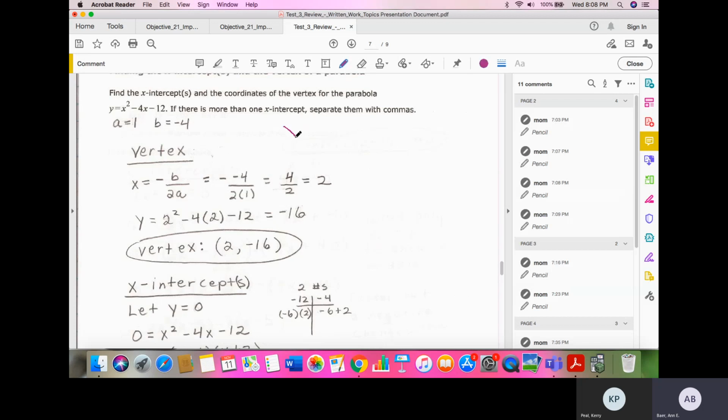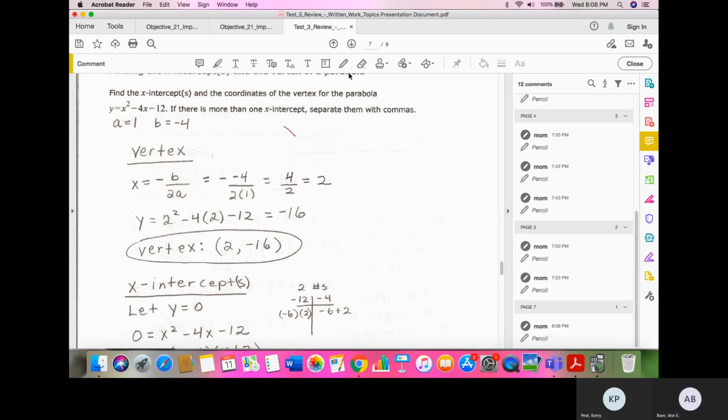So if I write out the quadratic formula here, we get that x is equal to negative b plus or minus the square root of b squared minus 4ac, all over 2a.